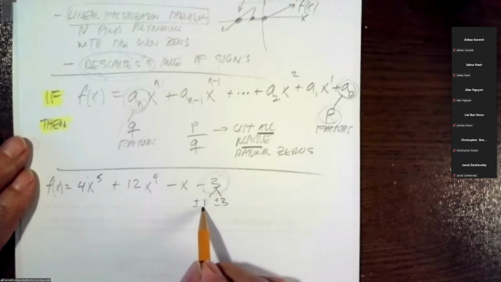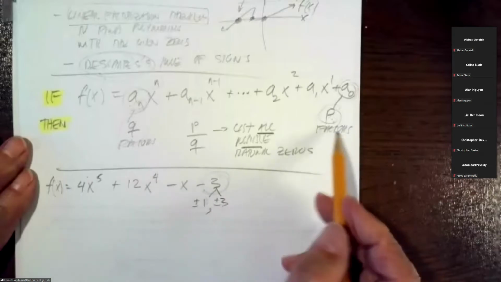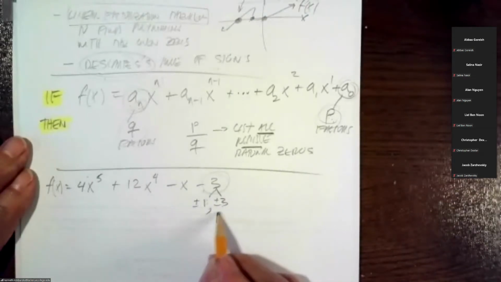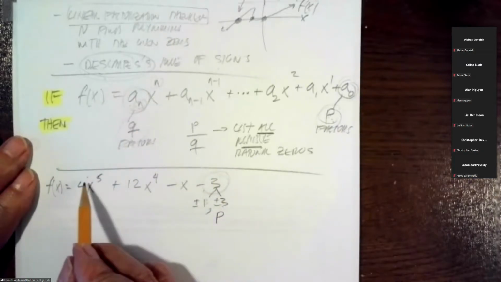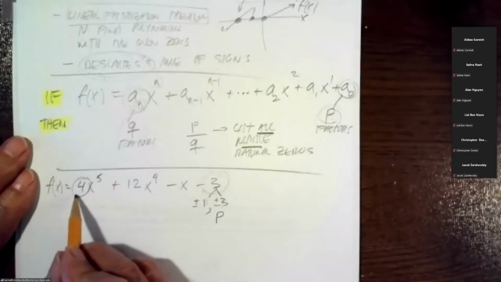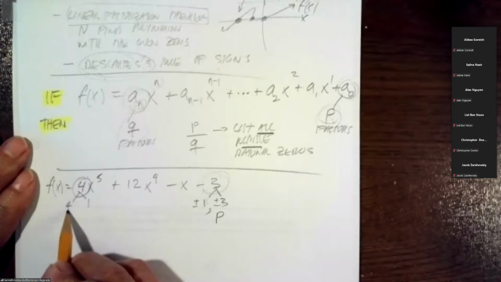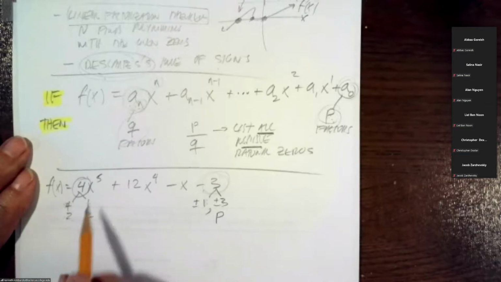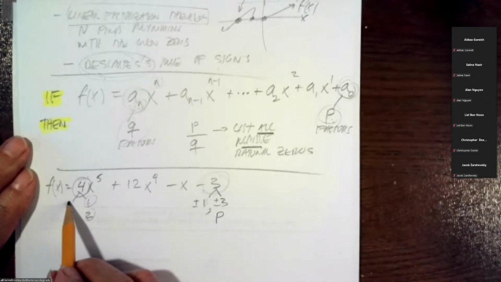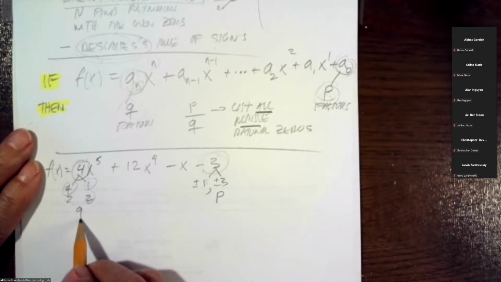So we've got plus or minus 1 and plus or minus 3. Those are the factors of 3. Those are the values we're calling p. And then over here for q, we're listing the factors of 4. Well, let's see, 1 and 4 multiply to get a 4. So those are factors. 2 and 2 multiply to 4. So our factors are 1, 2, and 4. So we'll call those q.